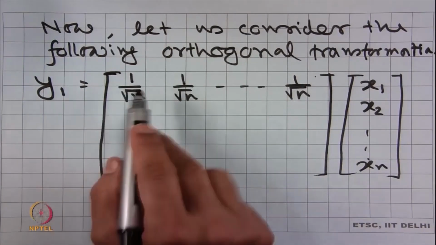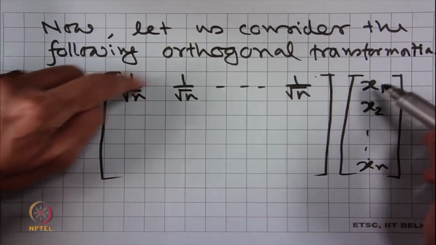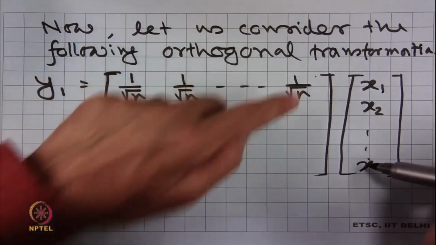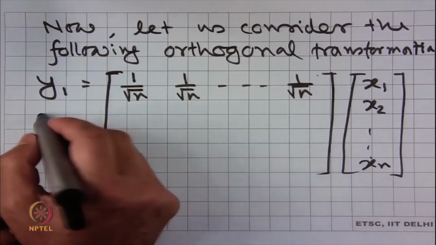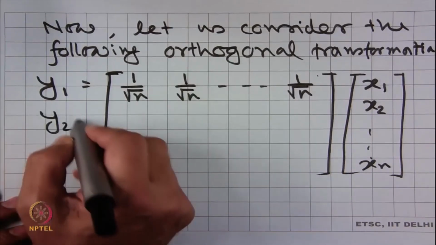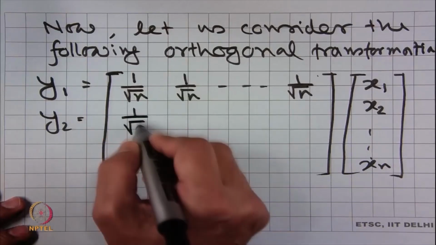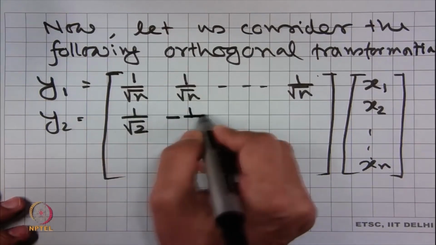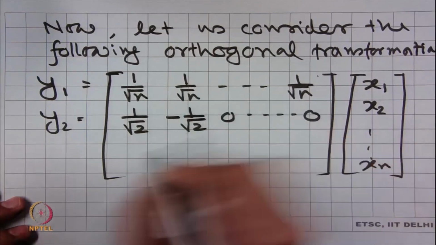So, y1 is considered to be the dot product of 1 over root n into x1 plus 1 over root n into x2 plus 1 over root n into xn. Let us consider y2, the second row, to be 1 upon root 2, minus 1 upon root 2, 0, 0.